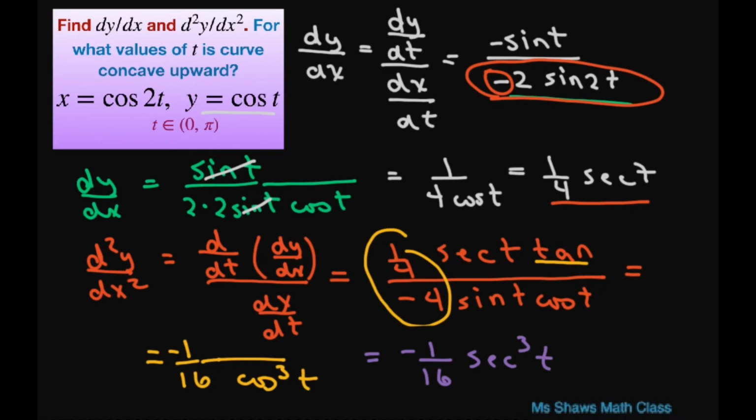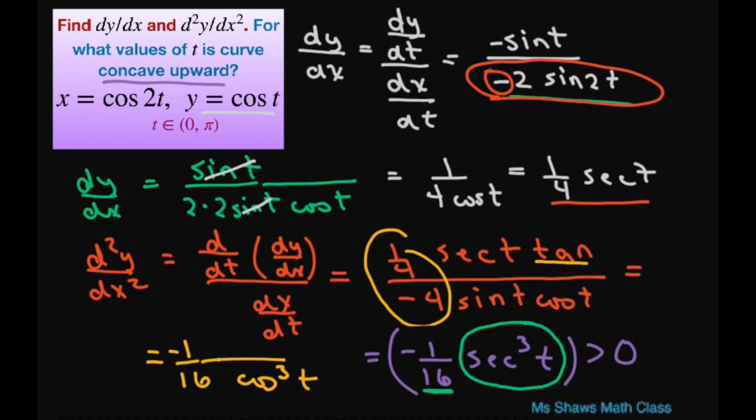Now, to find where it is concave upward, our second derivative here has to be positive. So for this to be positive, that means our secant cube of t has to be negative, because this term is already negative. So two negatives make a positive.